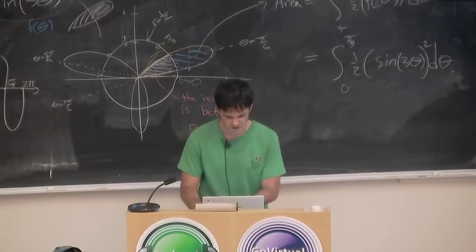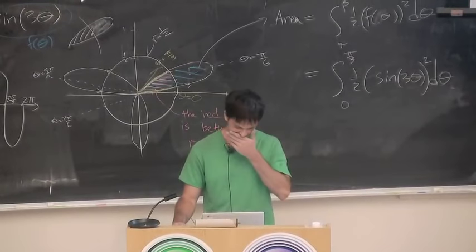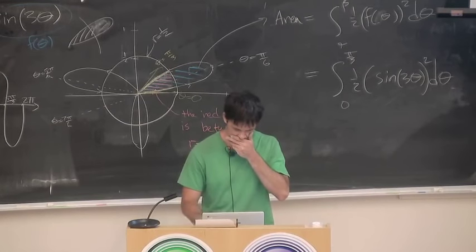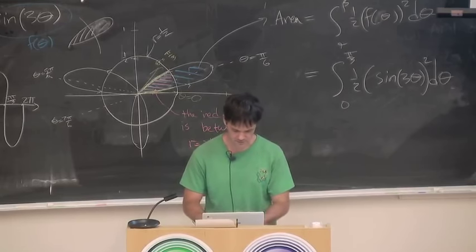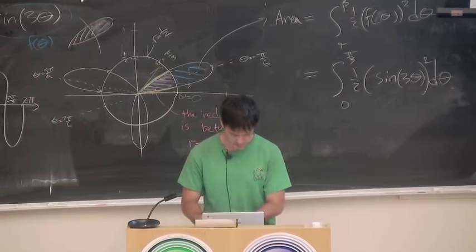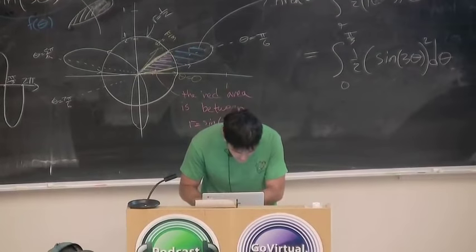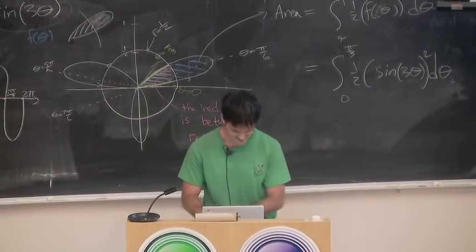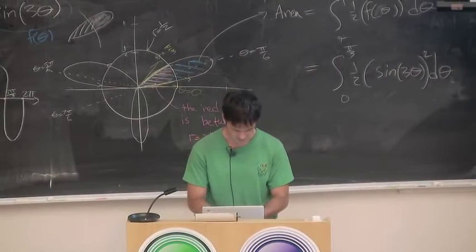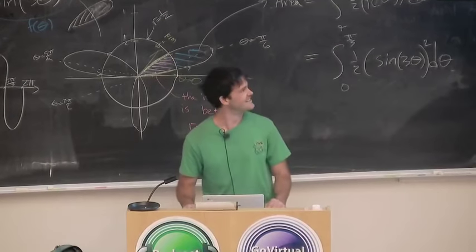Okay. How about 0.9 plus 0.05 cos of 200 theta, 1 plus sine.